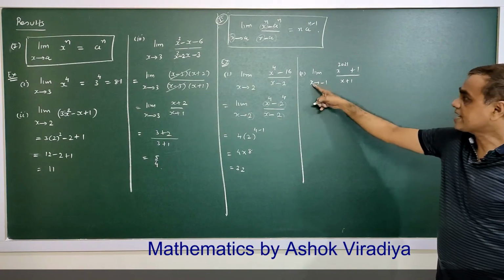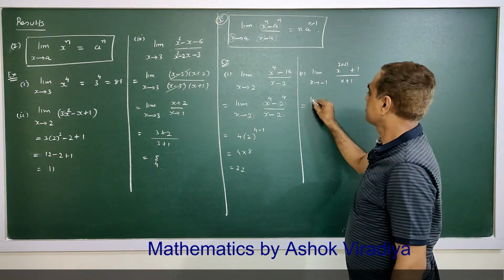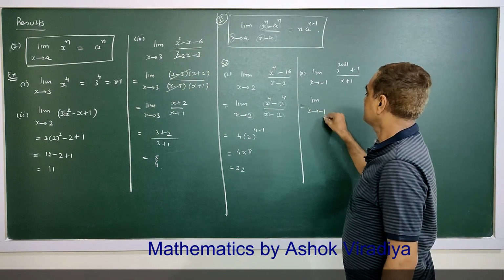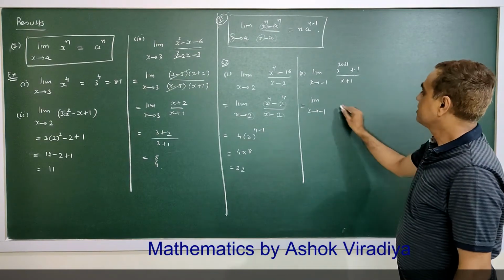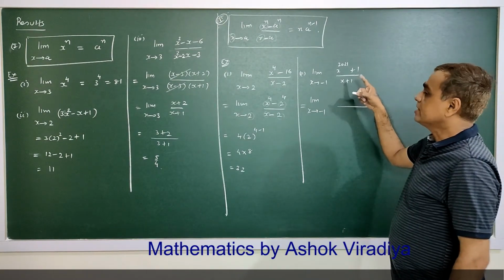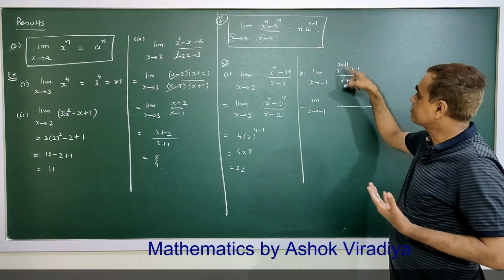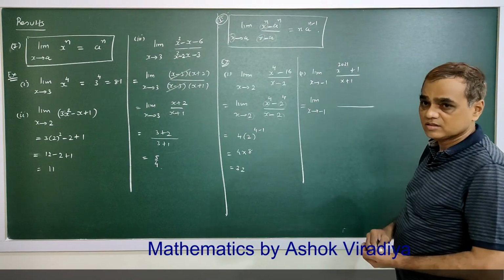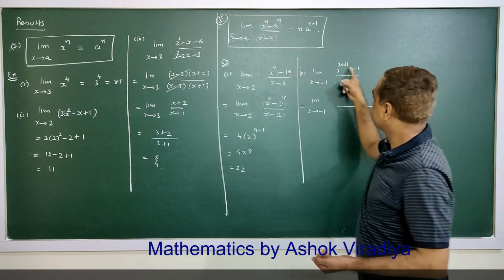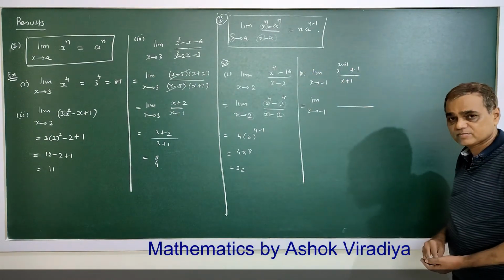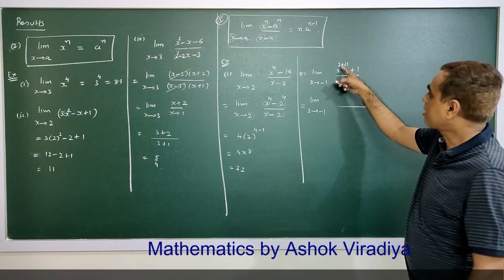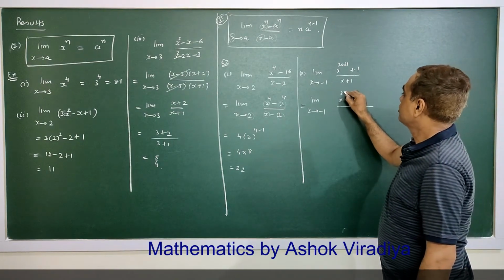So here x tends to minus 1. Now there is a hidden pattern. The pattern of this form is hidden in this expression. This minus is not visible here, but it can be created. Here this is an odd power, x raised to 2021.